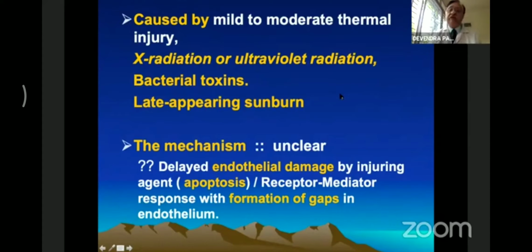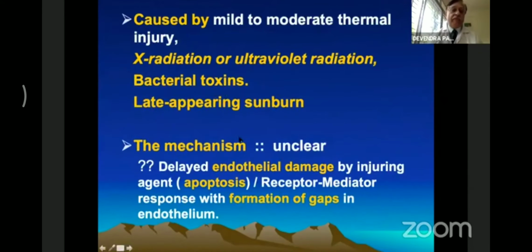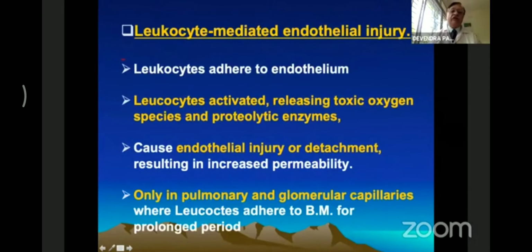Whenever we give radiotherapy to a cancer patient, after a few days this edema will occur, and that is because of the delayed prolonged leakage. The mechanism is not very clear. It may be because of apoptosis caused by the radiation to the endothelial cells, or maybe because of receptor-mediated formation of gaps in the endothelial cells.